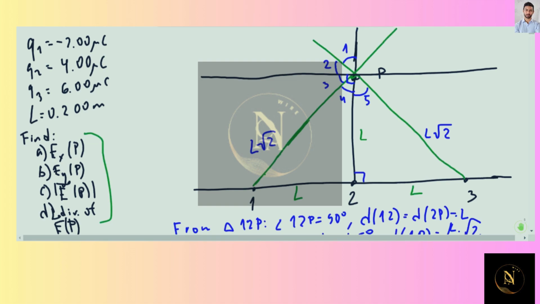So now we have to calculate angle 2 and angle 1. How would we do it? Basically in the following way. The angle P 3 2 equals the angle 2, because these are angles formed by 2 parallel lines and 1 common line.